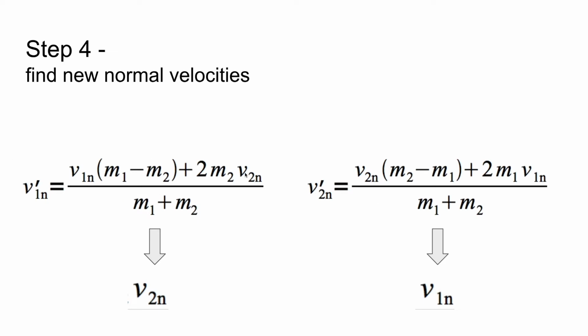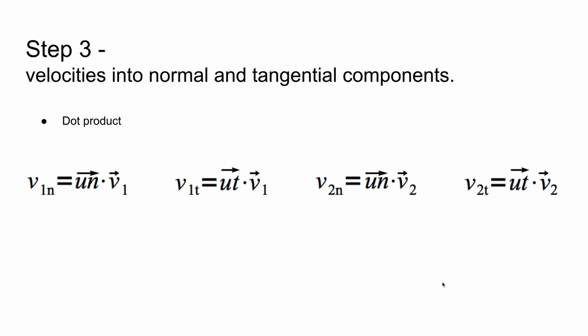If we just put our values inside, we get that v1n tag, which means after the collision, will be equal to v2n, and v2n tag, which stands for after the collision, will be equal to v1n that we already calculated in the previous step.